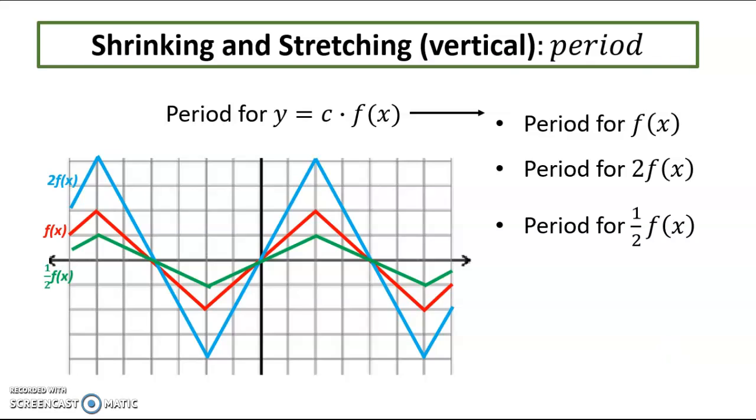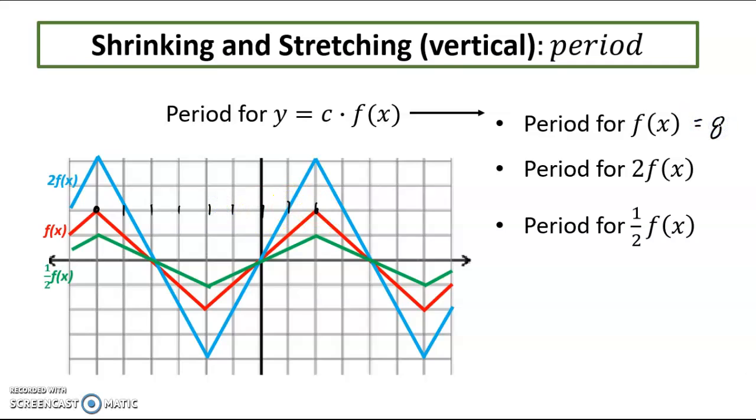Okay, so we got to check out how the period and the amplitude are changed when we're dilating, when we are stretching and shrinking these graphs both vertically and horizontally. So when I look at my function in red, my original, I'm going to determine the period. 1, 2, 3, 4, 5, 6, 7, 8.